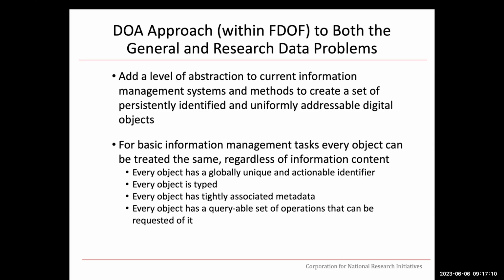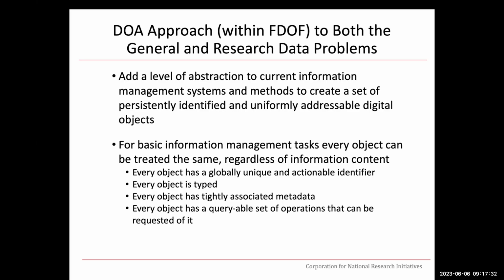This is sort of what we do with identifiers. DOIs, for example, will remain constant over changes in the ownership and location of items. We want that same sort of indirection to apply to information objects. The information object has an identifier and a set of functions that can be applied to it.